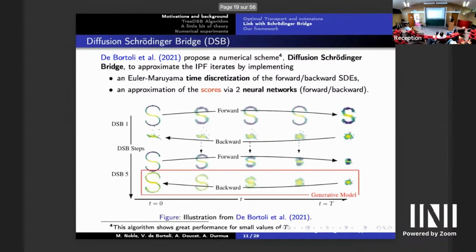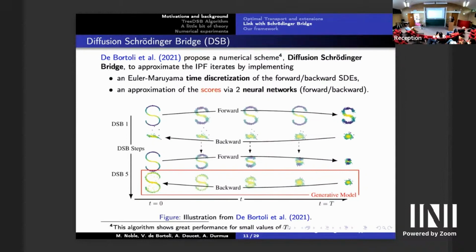So you do it by what we saw previously, so the score matching loss. And what you end up with is something like this. So you start from your, so this is the first iteration, this is the 5th iteration of the algorithm. When I say I compute the forward, it's simply I have the constraint that at time 0, I have to be equal to my true marginal, the marginal which I want to generate from, for example.